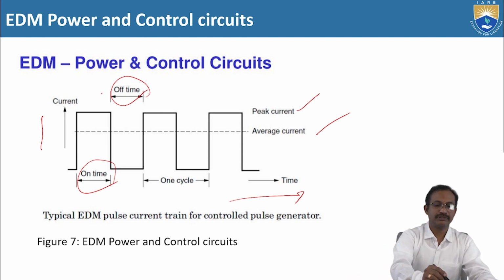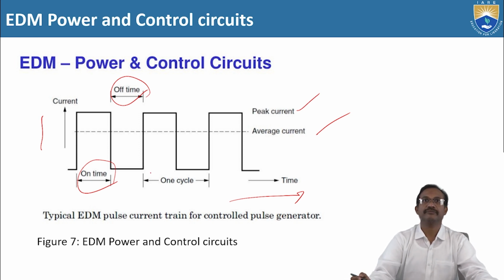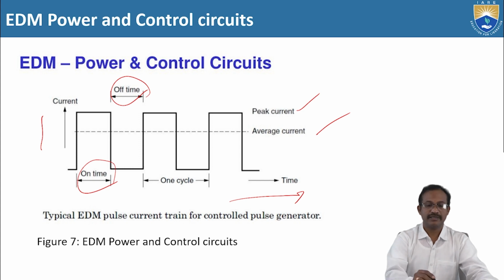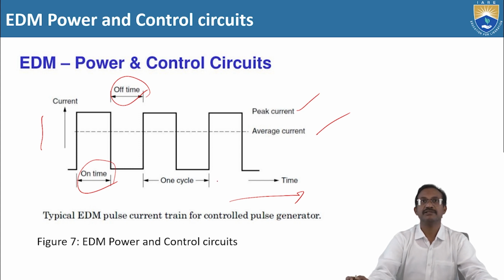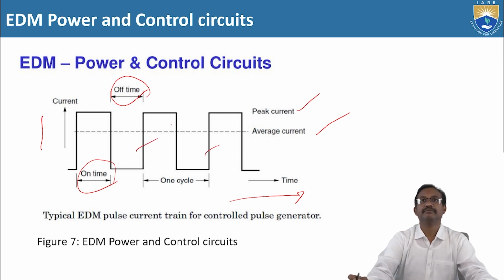During on time, current rises, and current will become 0 during off time. That means from one peak to the next peak, the distance between the starting of one on time to the next on time.